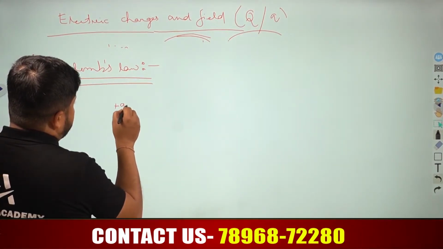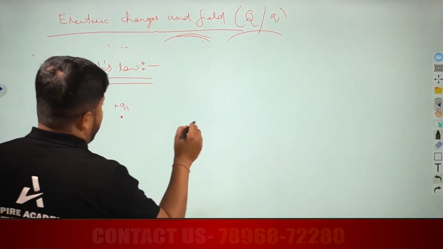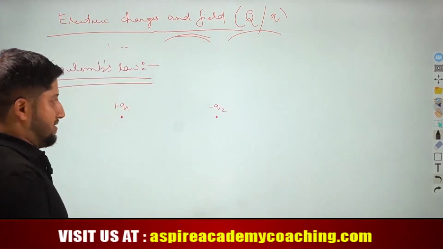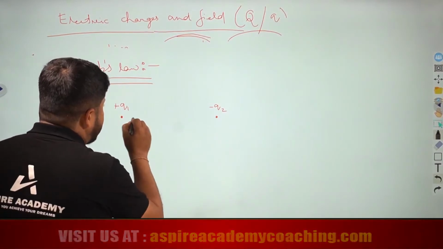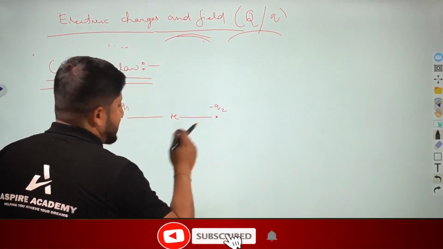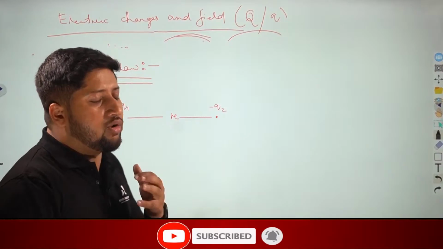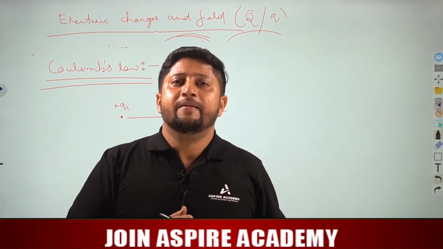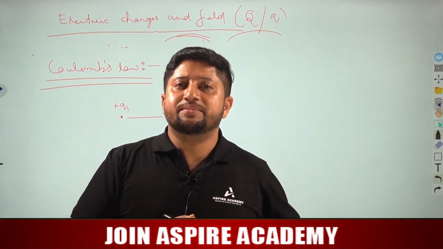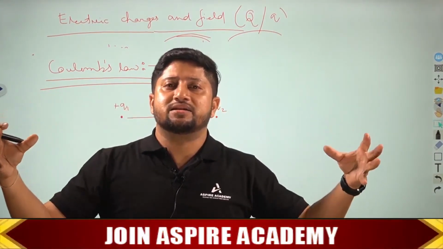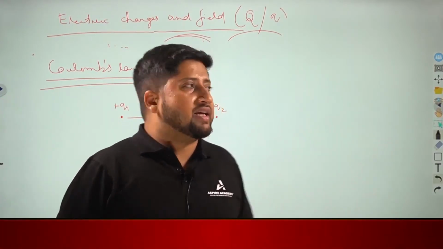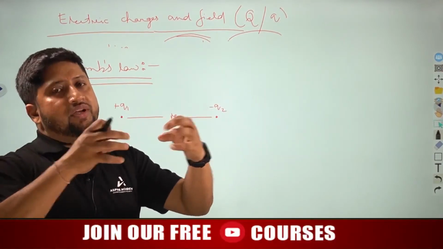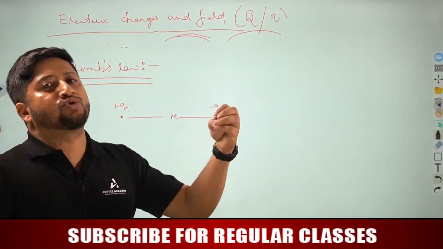Suppose this is a positive charge Q1, and another, a negative charge Q2, is placed at a distance R. According to the attractive and repulsive property, dissimilar charges attract each other and similar charges repel each other. So if two dissimilar charges are placed here, they attract each other and an attractive force is generated.